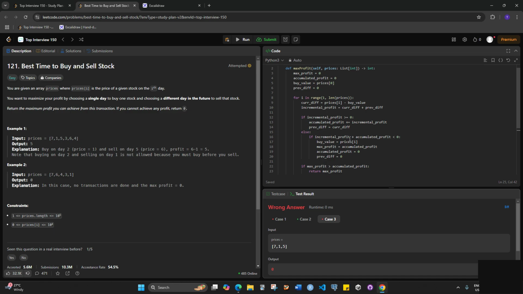Everything resets. Cool. And then the next one we're going to do current, so it's going to be 5 minus buy value, which is 4. Incremental profit, which is going to be 4 plus 0, which is 4. So in this case, why is it not returning 4? It should be returning 4, no?